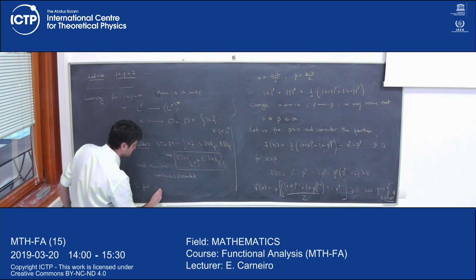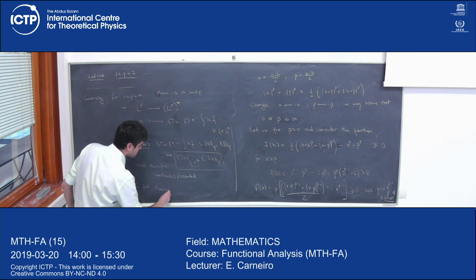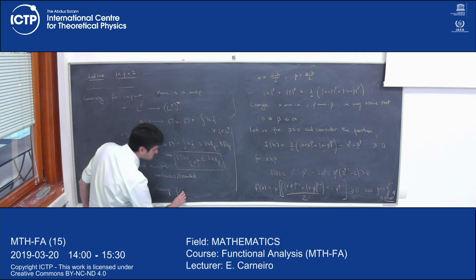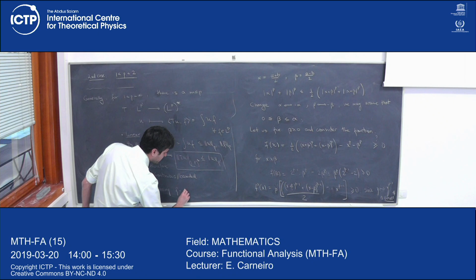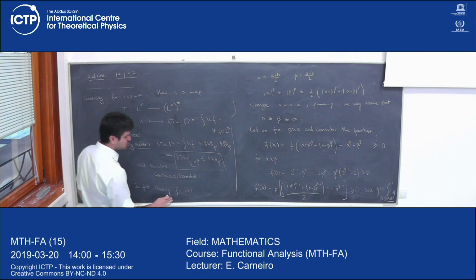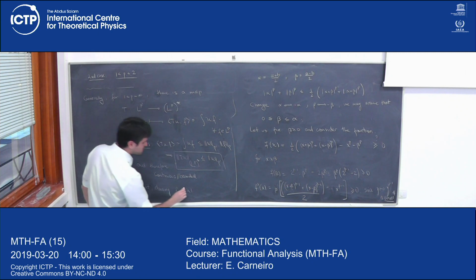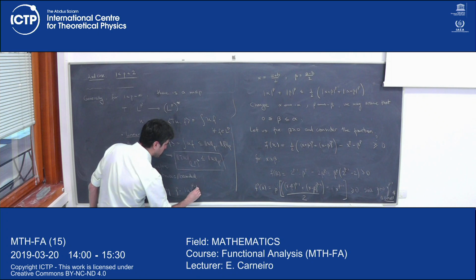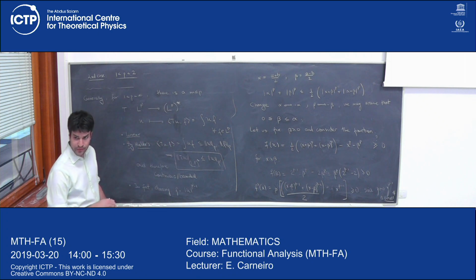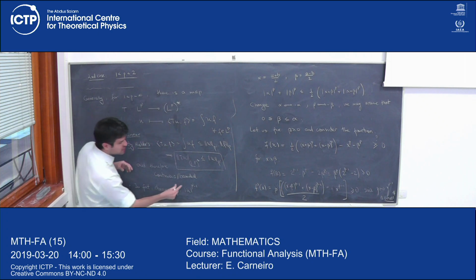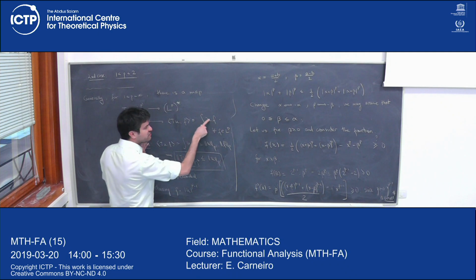By choosing f to be equal to, morally speaking, u to the p prime minus 1, where u belongs to L^p prime. But I want all my functions to be real valued.